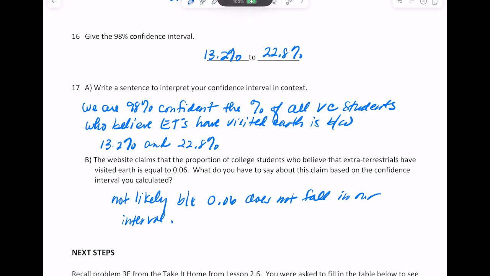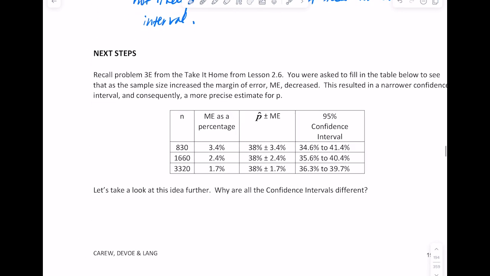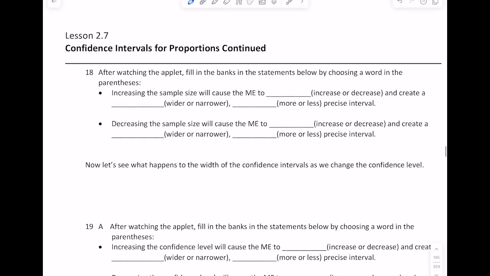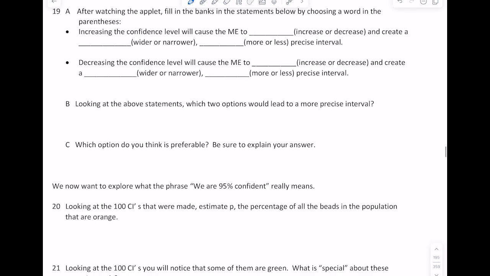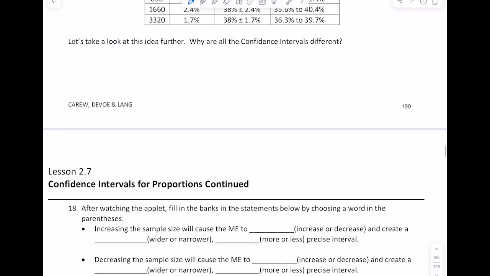Okay, so the next problem is something else that's important. As I was saying, the further out you go on the curve, the smaller the area gets. And the empirical rule tells us that only about 5% of the values are more than 2 standard deviations from the mean.